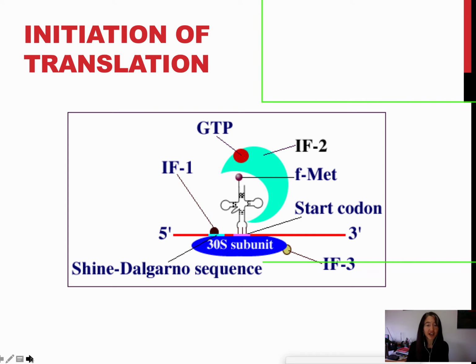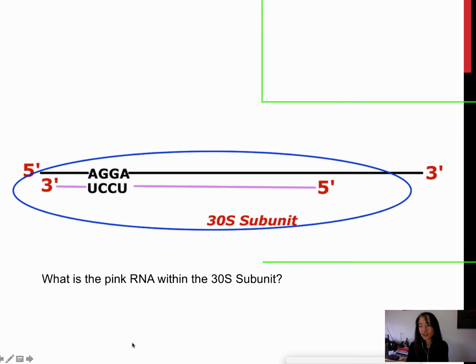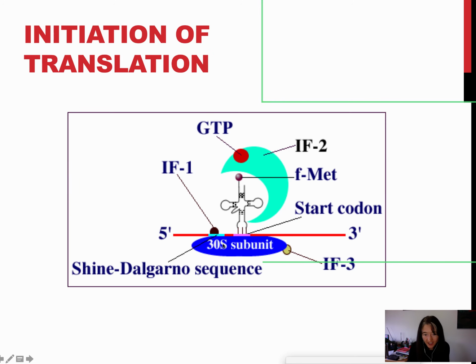After initiation has occurred, of course, we know that the thing that has to happen next is going to be elongation. But before we dive into that, I promised you that I would show you a zoom in picture. So if we picture we're zooming in right here, we're going to see the sequences on the ribosome binding site here in the blue, we're going to see what that sequence is. And then we're going to see how the 16S ribosomal RNA is actually binding with, or base pairing with, that ribosome binding site.